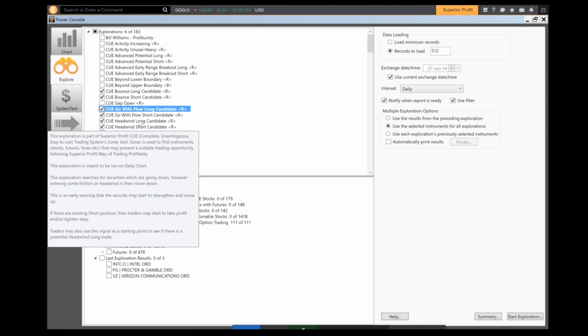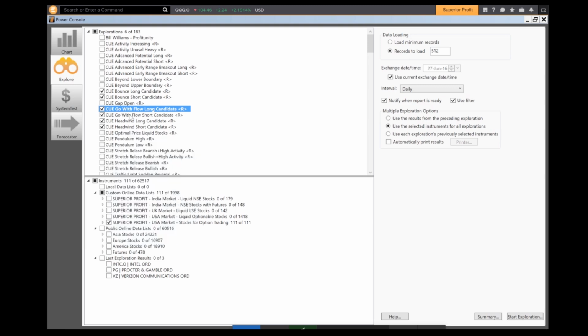Now we came here to see how we found SPY to be a potential go with flow short trade on 31st December. We might have done that by running this explorer, the go with flow short explorer. Now MetaStock allows all of them to be clubbed together.